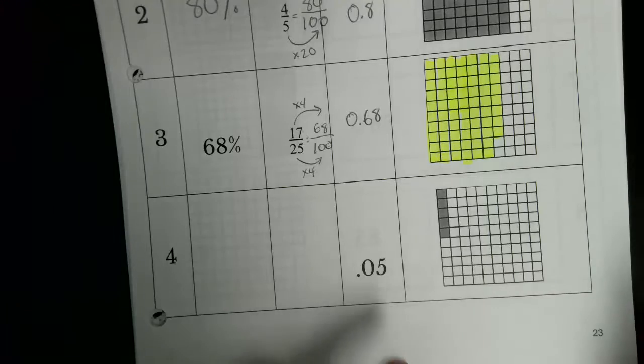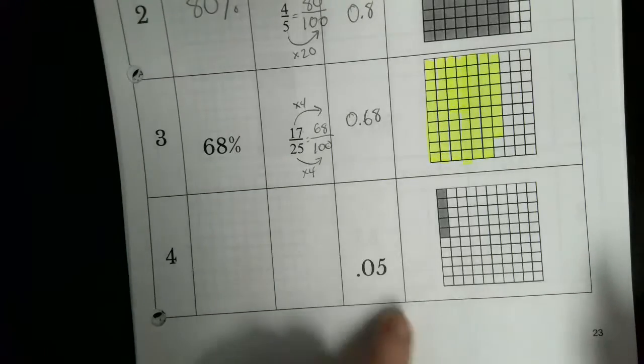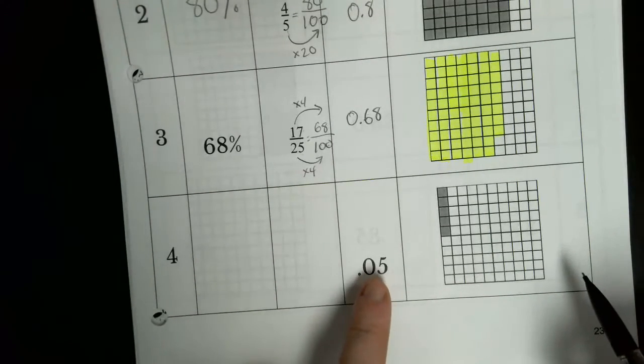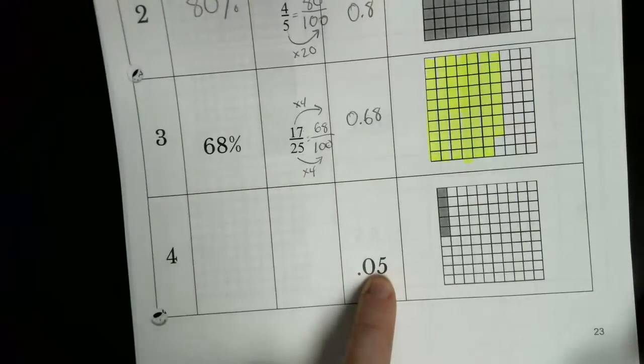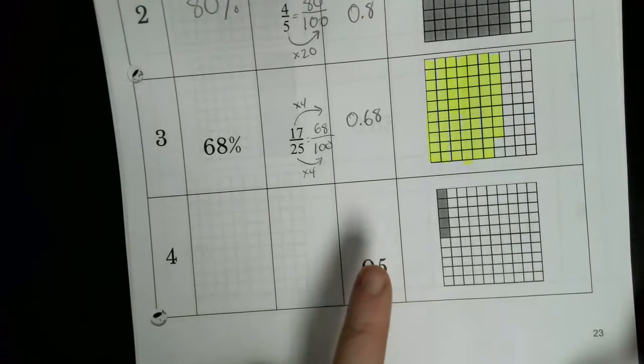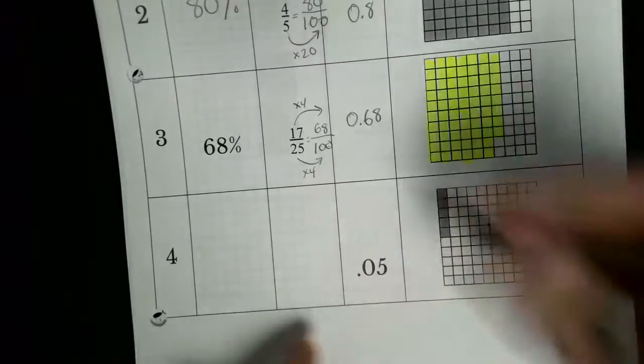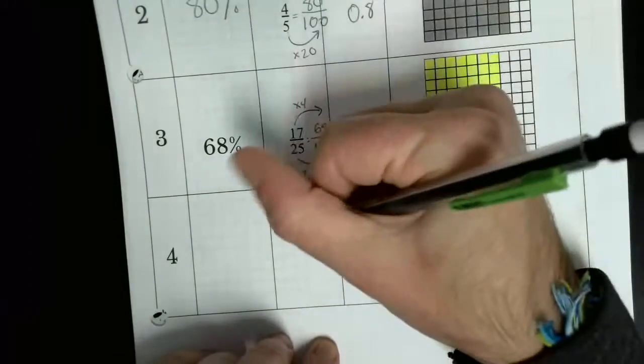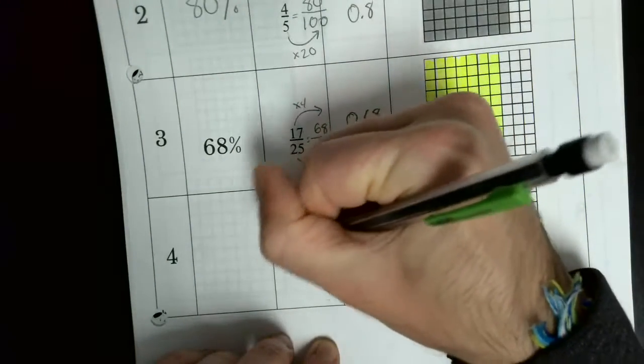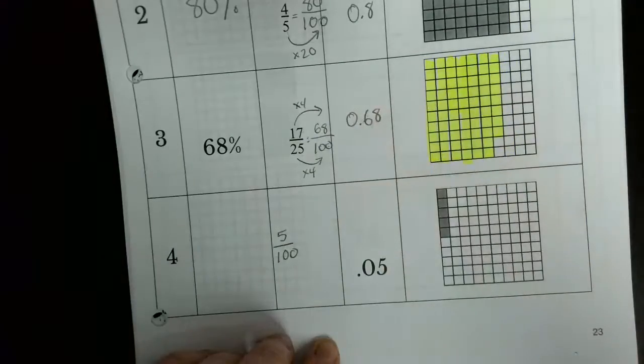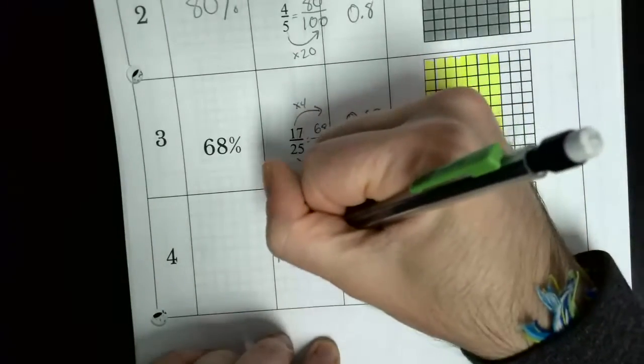All right, this one's tricky. You got to be really careful with this. This is 5 hundredths. The model also shows 5 out of 100. So I'm going to start with the fraction. It's 5 hundredths. Okay. And let's see.